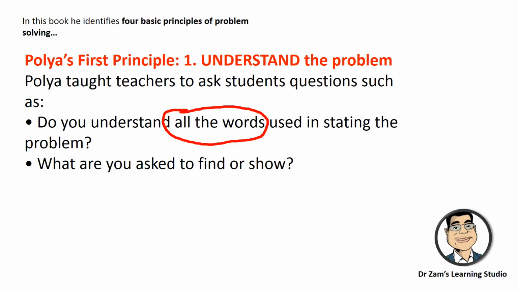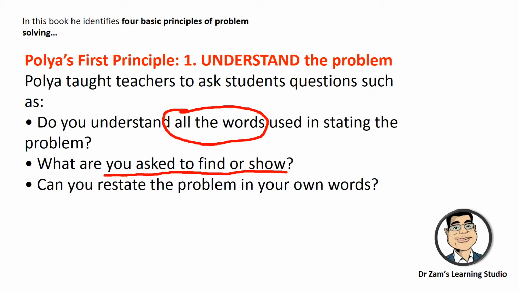Then the next question you should ask is, what are you asked to find or show? Right? You need to know what is it that they're asking you to find or show. And then the next question you should ask is, can you restate the problem? Can you say out the problem or read out the problem again in your own words?